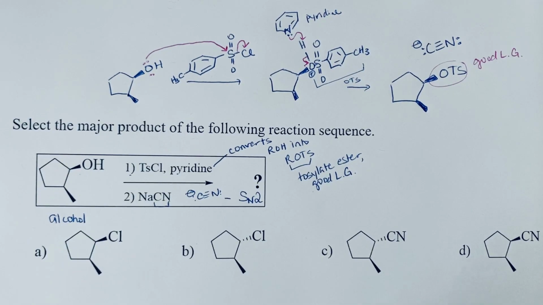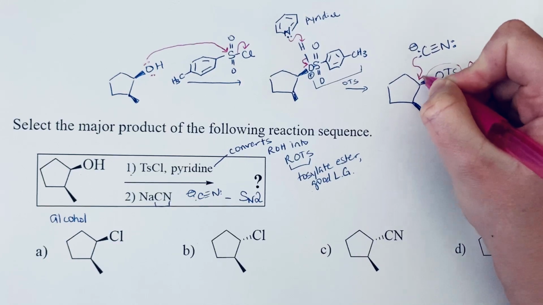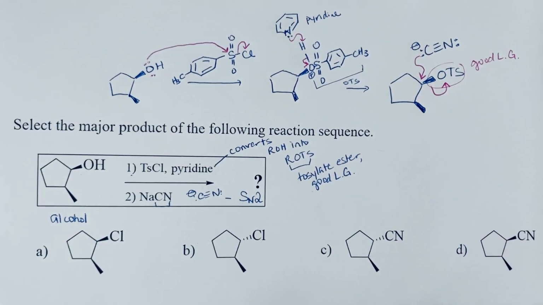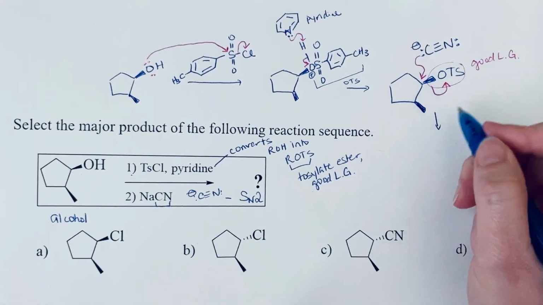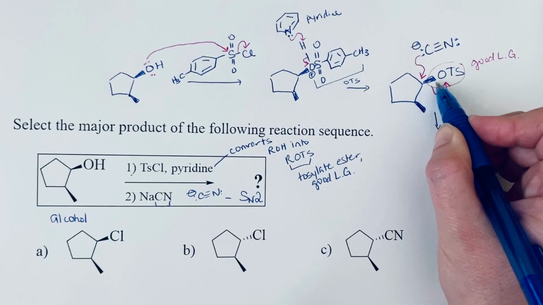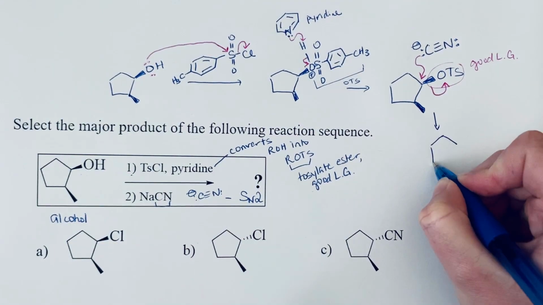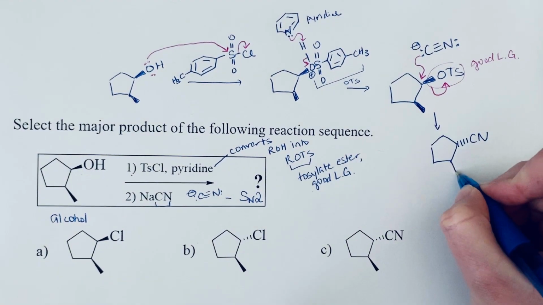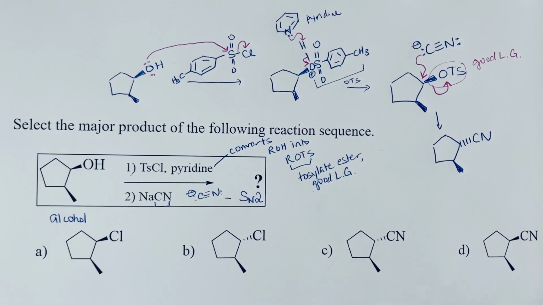It's sneaking up behind the leaving group and pushing it out of the way. So this cyanide ion is going to come in and attack that electrophilic carbon and push off that leaving group. Since it's approaching from the opposite face, and the tosylate was sticking out of the plane, the cyano group that we're adding is going to be going into the plane of the page, which corresponds with option C.